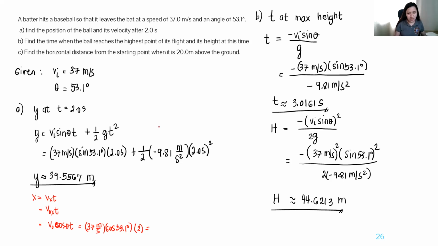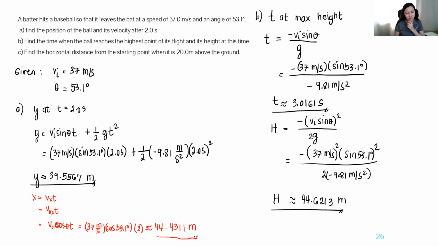So horizontally, after 2 seconds, it has moved approximately 44.4311 meters.